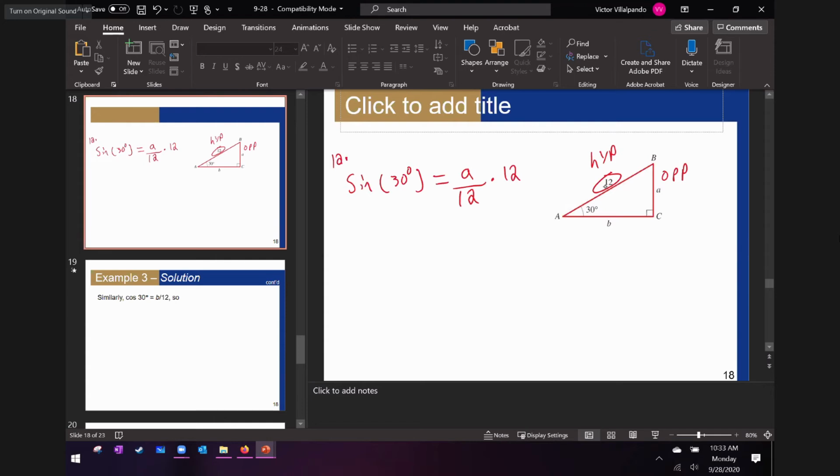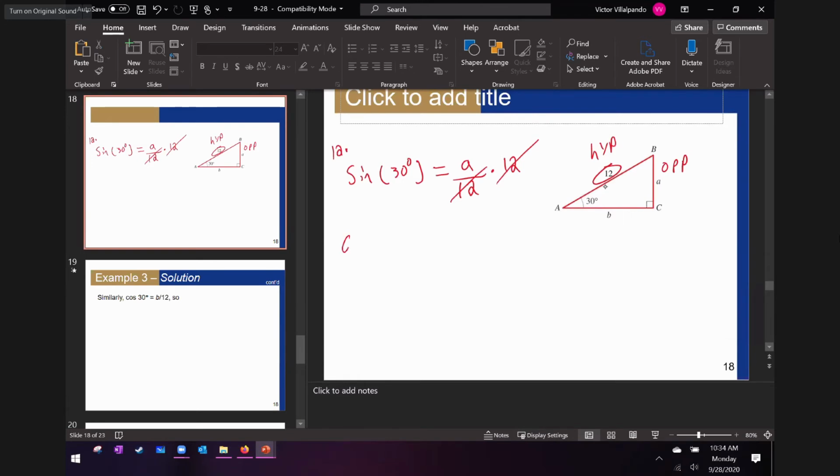If you do an operation on one side of the equation, you should do the same operation on the other side, because now the 12 and 12 cancel out. And then we're just left with A is equal to 12 times sine of 30 degrees.